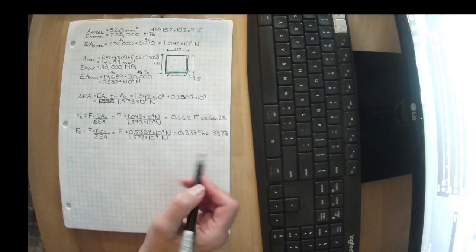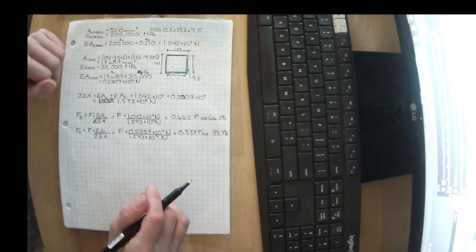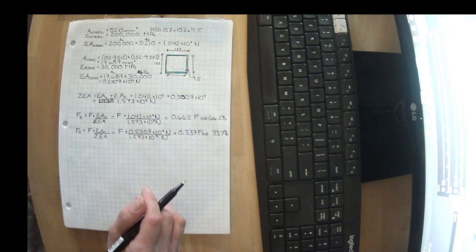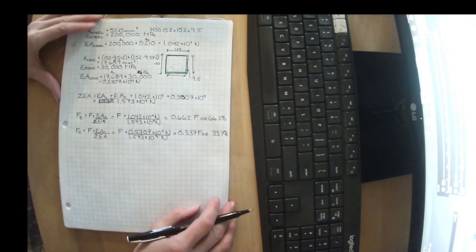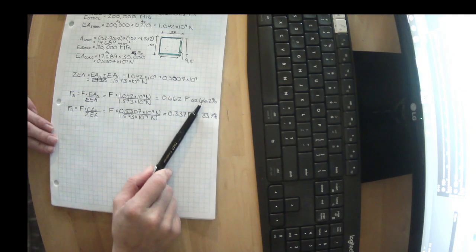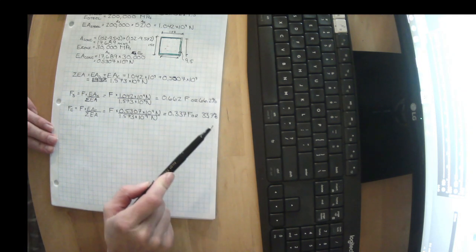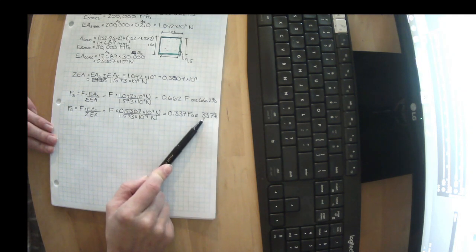So that sums up to 99.9, but that's a small rounding error in the calculation, which is well within acceptable norms. So we can see that 62% of the load is going to go to the steel, and 34% is going to go to the concrete. And that wasn't totally obvious just looking at this.